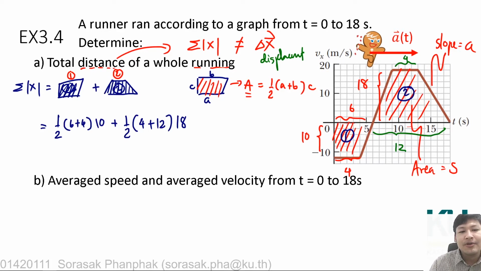So now you can sum them up for the total distance. What you get out of it is 100 over 2, right? And this is 1 over 2 times 16 and 18.